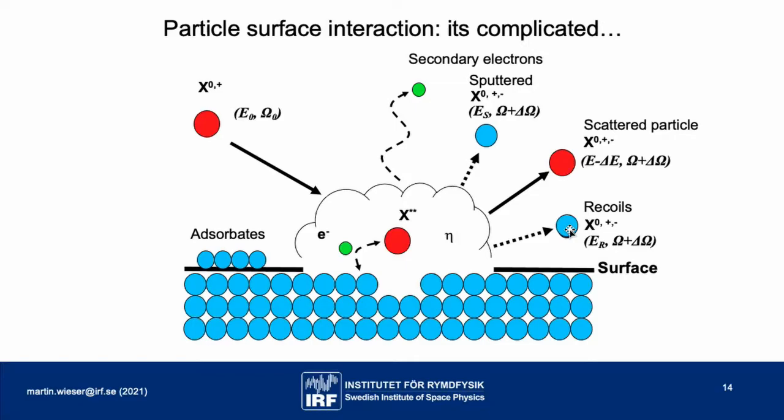But there are also sputter particles which originate from the bulk of the material of the surface. And all these emitted particles experience a change in energy relative to the incident particle, as well as a change in direction. So the key here is to find a material, a surface material, that forces a certain parameter of this interaction into a desired range.